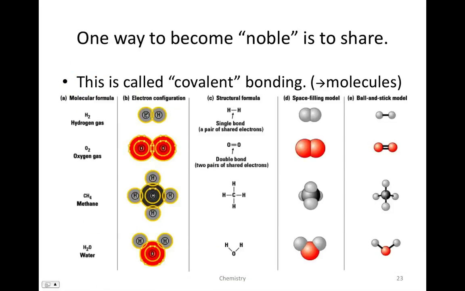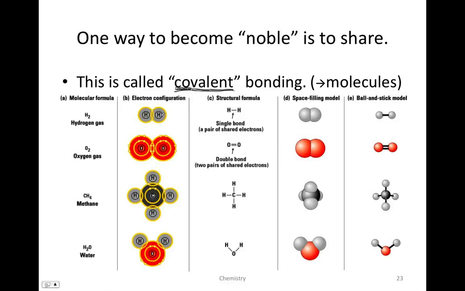So 1 hydrogen that wants an electron and another hydrogen that wants an electron can share electrons. When they share electrons, then they both have a noble gas-like electron configuration, and they're happy. That sharing is called covalent bonding. Covalent. Valence means the outside electrons, and covalent means to share them.